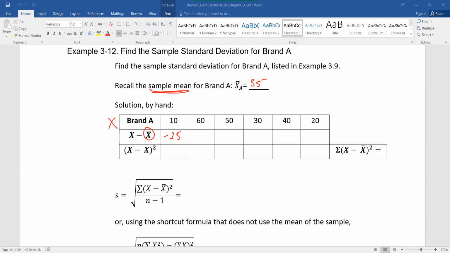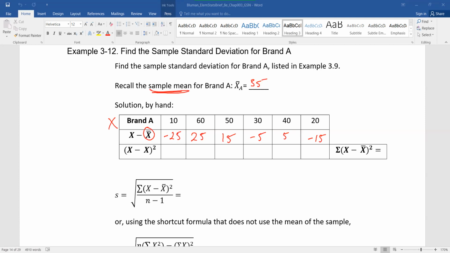And then if we go 60 minus 35, positive 25 this time. 50 minus 35, 15. 30 minus 35, 40 minus 35. Good. And then 20 minus 35. Negative 15. Good. So again, make sure you're taking the X value minus the mean.